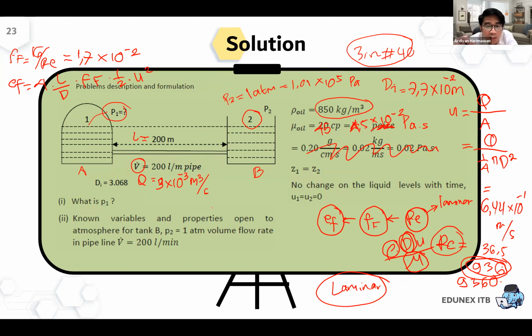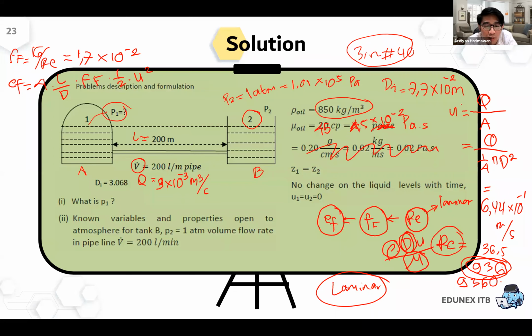Why I like to use the order of tens to the power of something is because it minimizes wrong calculation. If you write 0.00 something or 0.000 something, when you input it to the calculator, the chance of mistakenly putting the wrong total number of zeros is there.